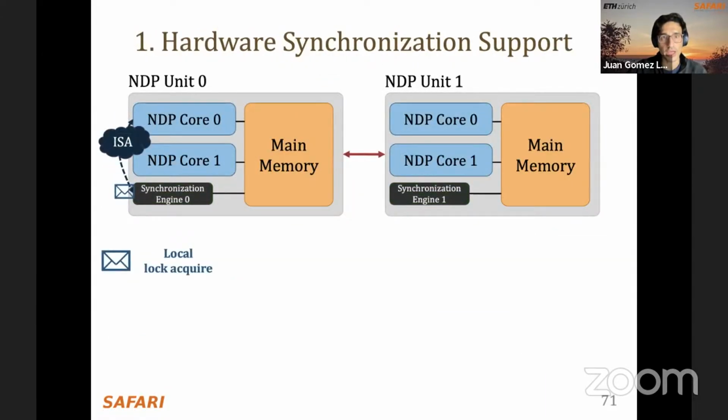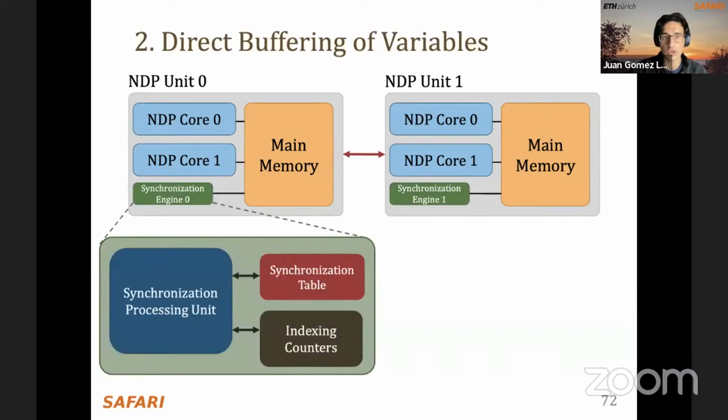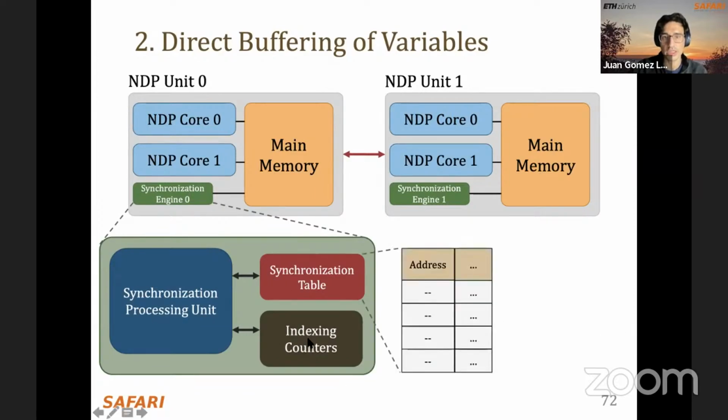So each of the NDP units is extended with a synchronization engine. This idea skips any complex coherence protocols, no need for atomic operations, and actually it has pretty low hardware cost. The synchronization unit, as you can see, is composed of a processing element, a processing unit, and also a synchronization table and indexing counters.